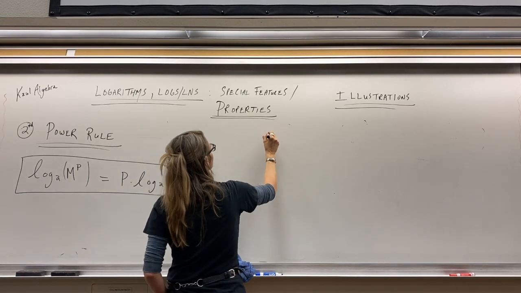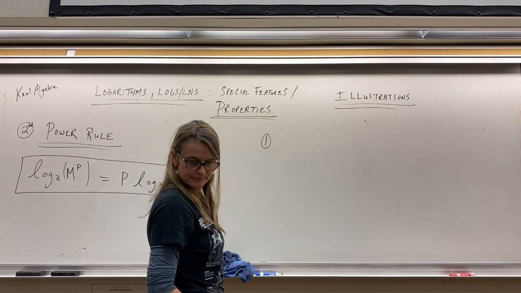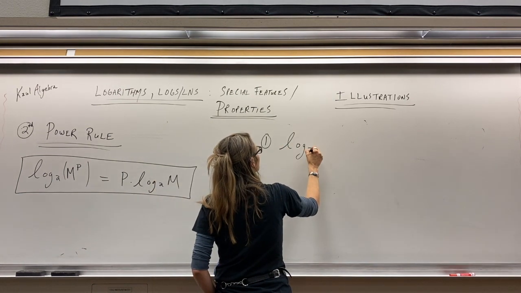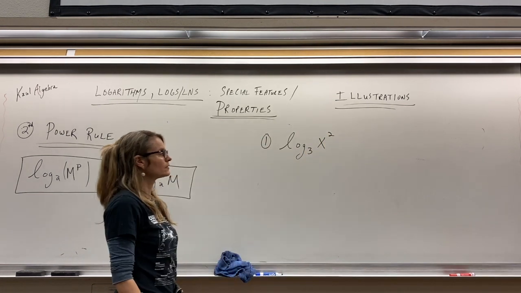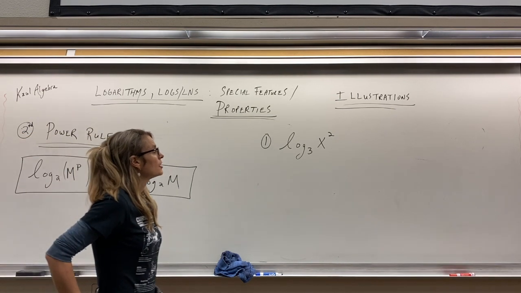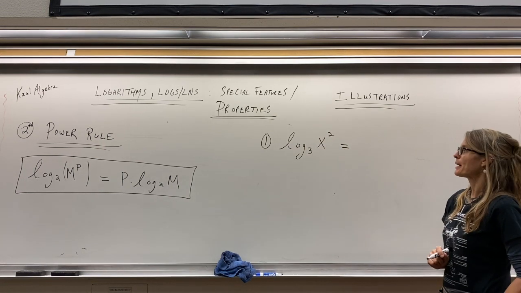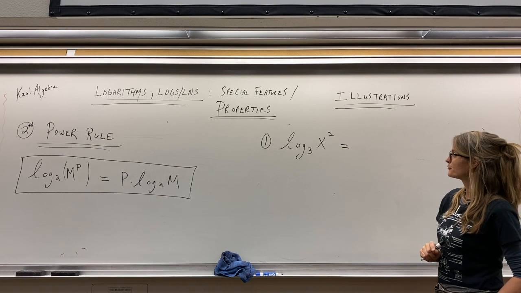So number one, if I have log base 3 of x squared, how could I apply that power property? What do I know about the power property for logarithms to also express this in an alternative form?